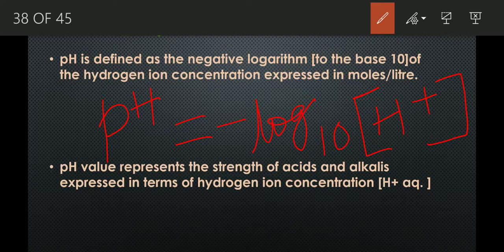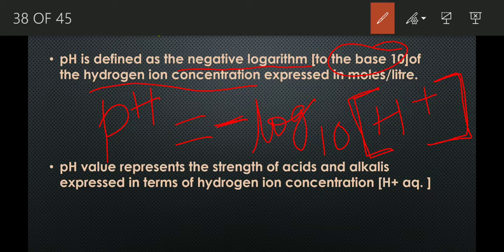I have put a negative sign just to show that it's a negative logarithm. So minus log, which is base 10, of the hydrogen ion concentration. Here the hydrogen ion is written inside the square bracket, and the bracket represents the concentration of the hydrogen ion.